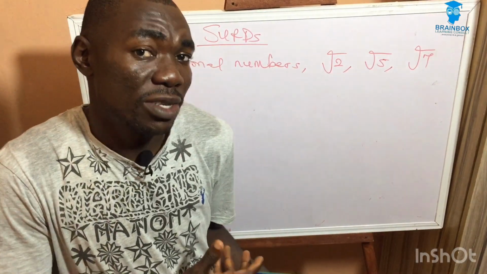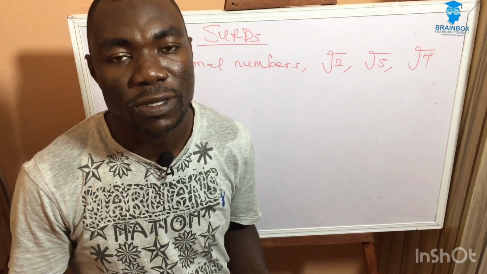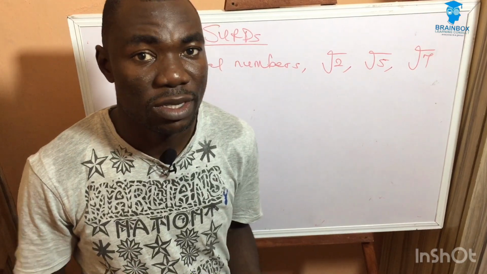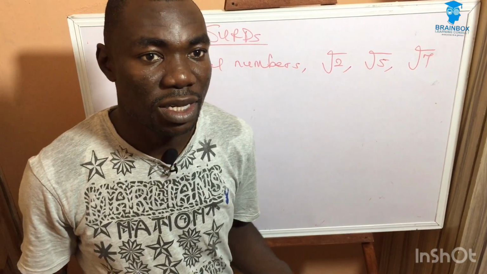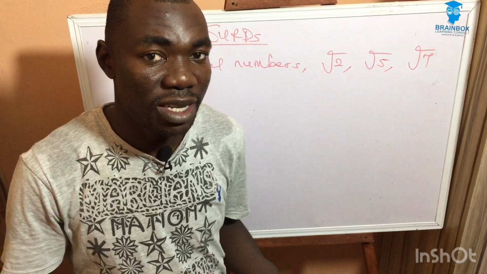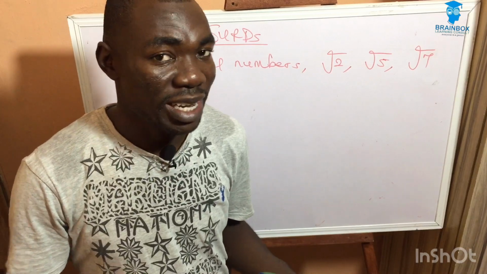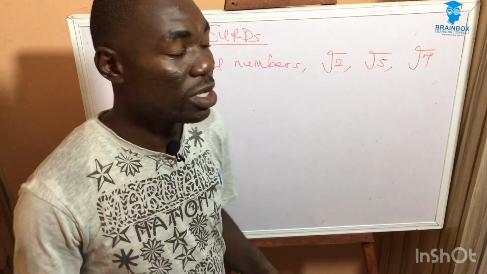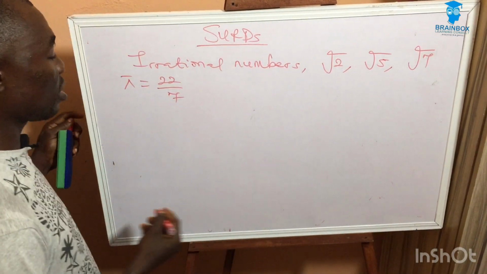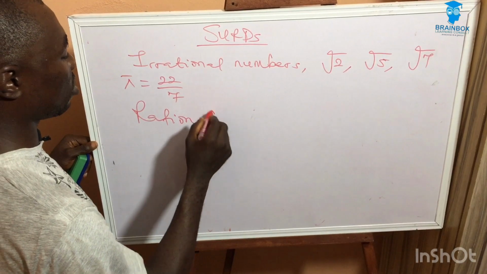Now, before we talk about irrational numbers properly, let's talk about rational numbers. What are rational numbers? Rational numbers can be integers. Of course, you know that integers are positive or negative whole numbers.